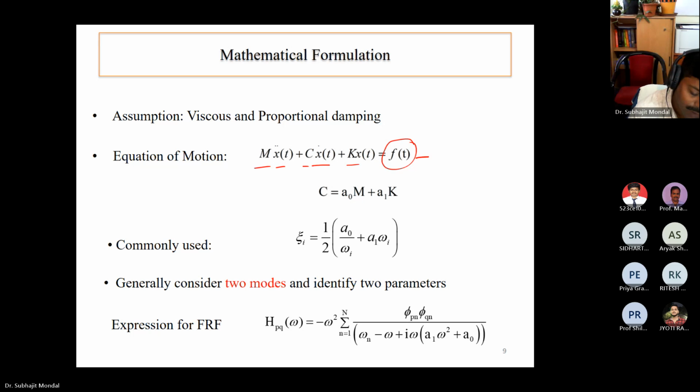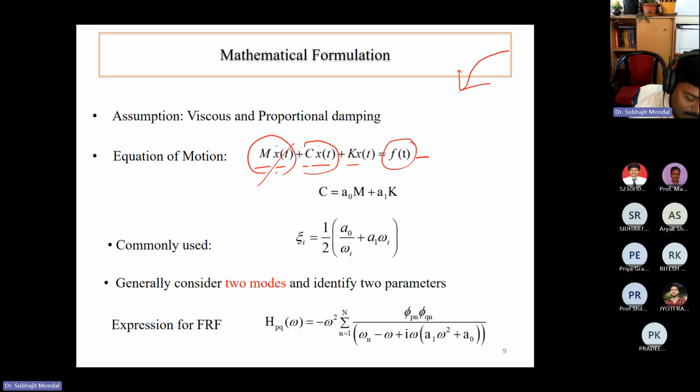Now, when you talk about static analysis, we are saying that the load should be such that the forcing function will not cause any acceleration to the system. If there is no acceleration, then the mass component will be zero or negligible. c times x dot also should be zero or negligible.